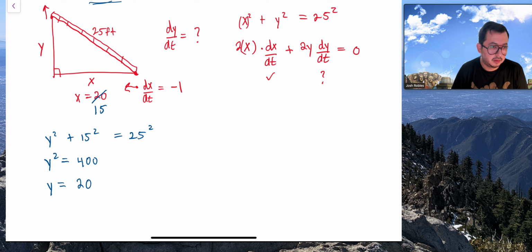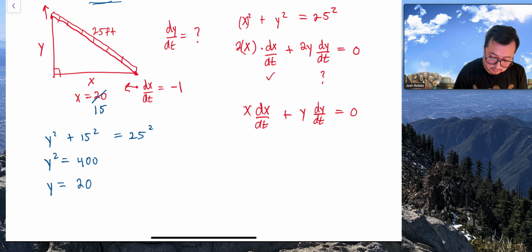And so we can solve here. I'm also going to be lazy and divide everything by 2 initially. And so that will just give us x dx/dt plus y dy/dt equals 0.